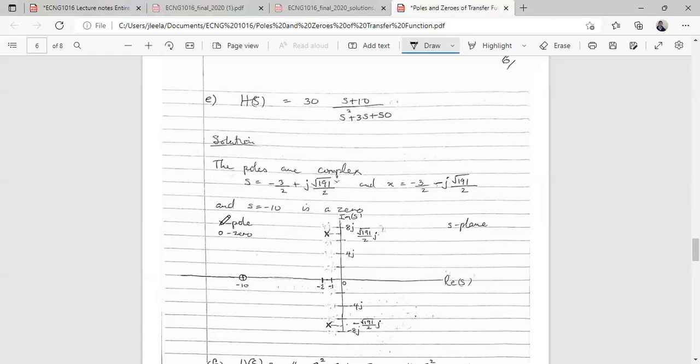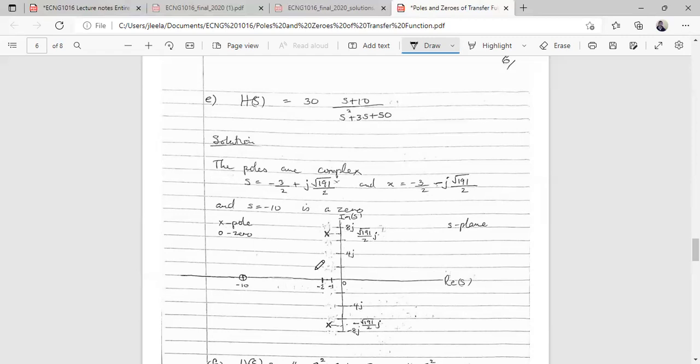So you have your pole-zero plot here, right? So you have the square root of 191 over 2, j, falling somewhere between 8j and 6j, and then you have it between minus 8j and minus 6j at the bottom here, on the imaginary axis.